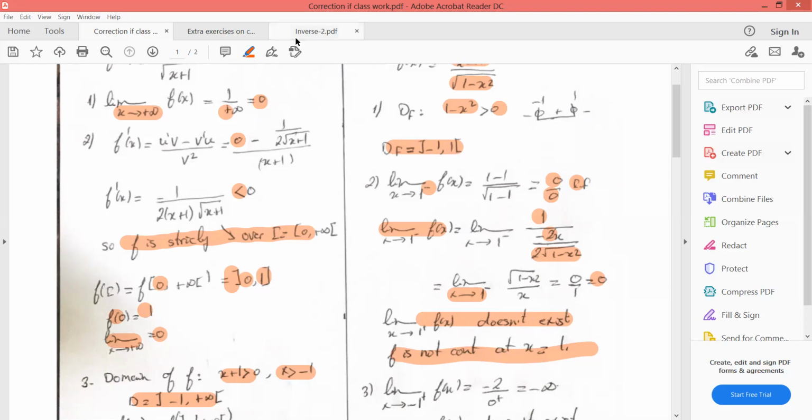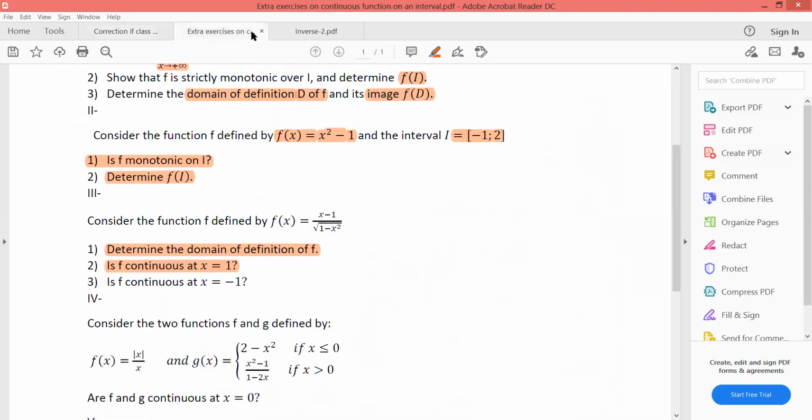Now part 3. Is the function continuous at x equal -1? No, it's not.